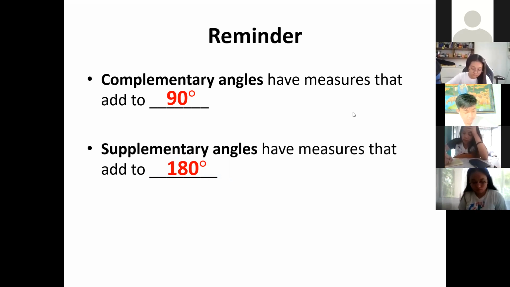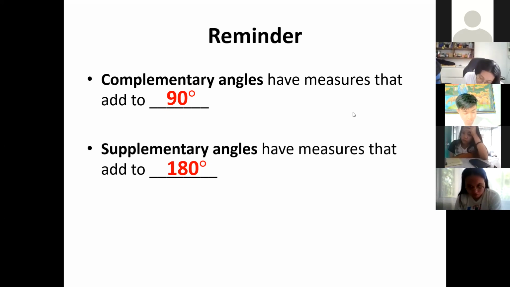The answer is 120. What is the supplement of 100 degrees? That is 80 degrees. So how are you going to find the supplement of an angle? Subtract the unknown angle x from 180. So say that your first angle is x, the supplement of that x is 180 minus x.